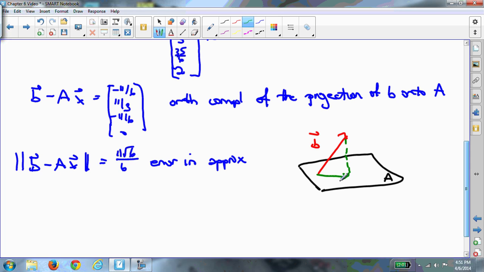So this is my approximate B, which equals Ax. This here is B minus Ax, which is the orthogonal complement, and so the length of that, the magnitude of that, would be the error. And I think that's everything from 6.4.